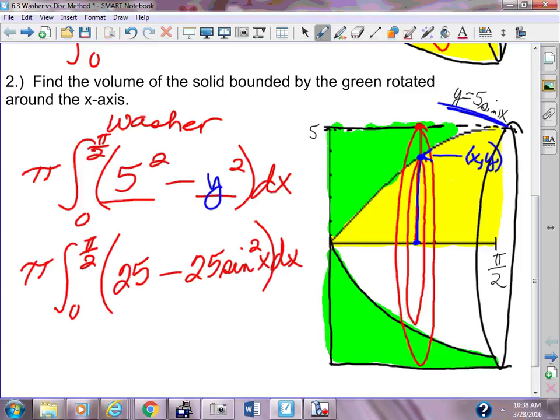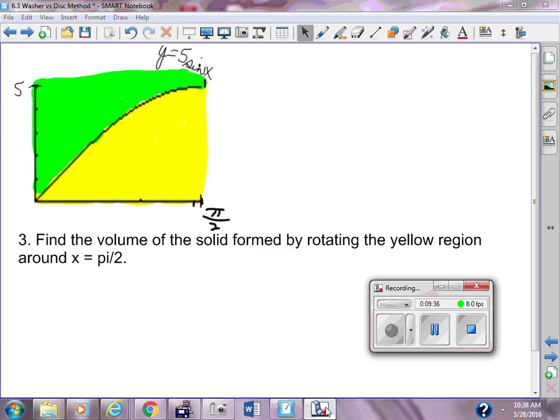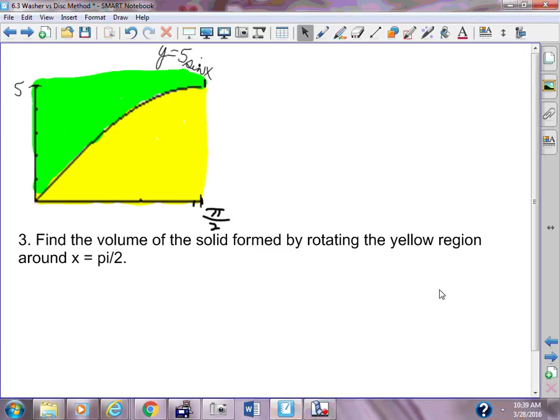Any questions? Okay, next one, same picture again, but this time we're rotating a little differently. I'm going to take the yellow section around x equals pi over 2. See if you can sketch what that will look like. x equals pi over 2, that's what I've got to rotate around.